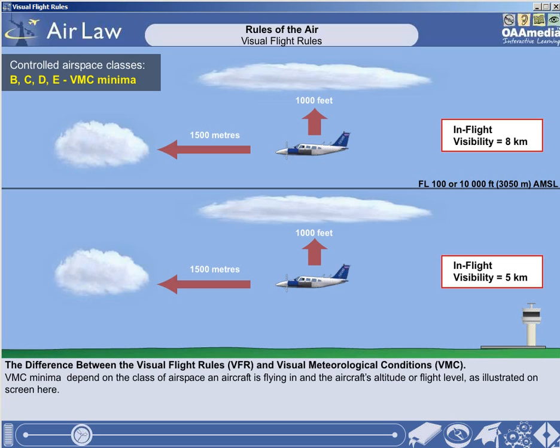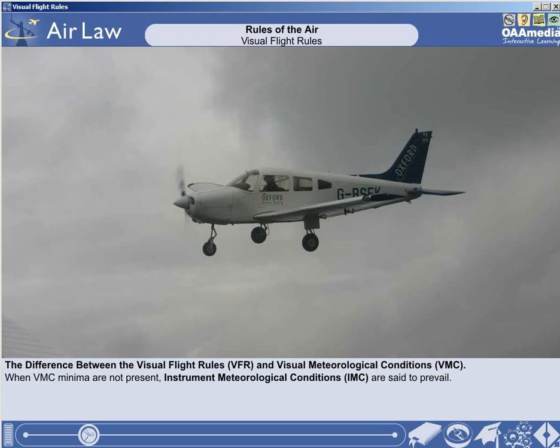Illustrated on screen here are the ICAO VMC minima in controlled airspace. When VMC minima are not reached, instrument meteorological conditions, or IMC, are said to prevail. You will learn more about VMC and IMC later on in this lesson.